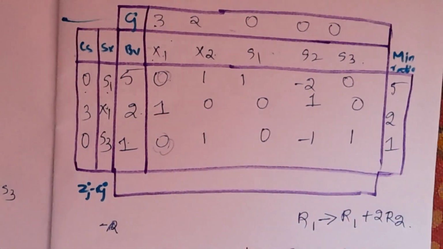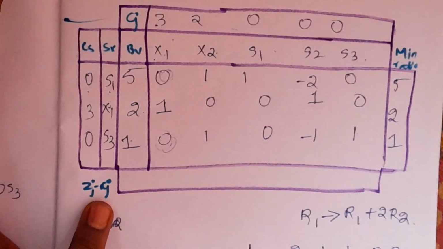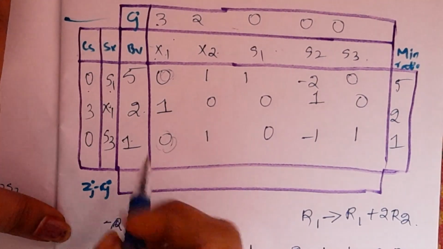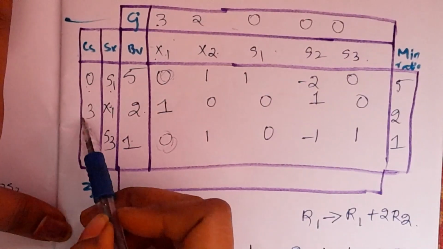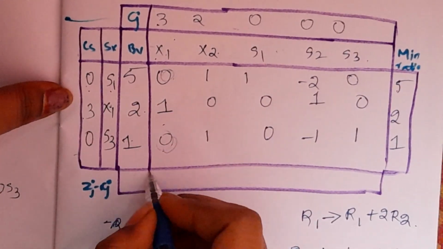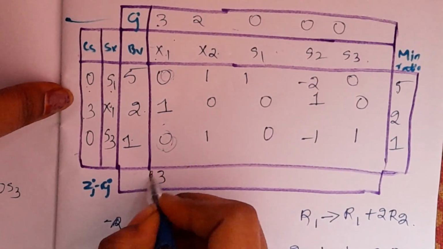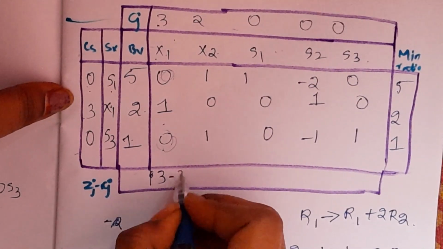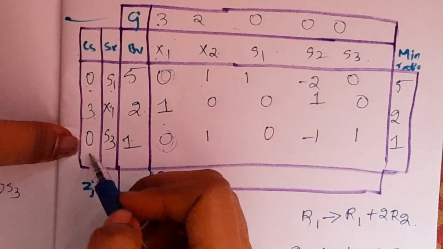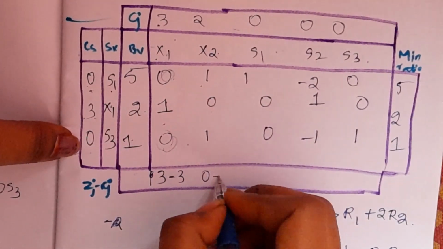Understand guys. Next we have to do the zj minus cj row calculations. How? 0 into 0, 3 into 1, 0 into 0 means we will get 3, minus 3. Next, 0 into 1, 0, 3 into 0, 0 into 1, 0, minus 2.